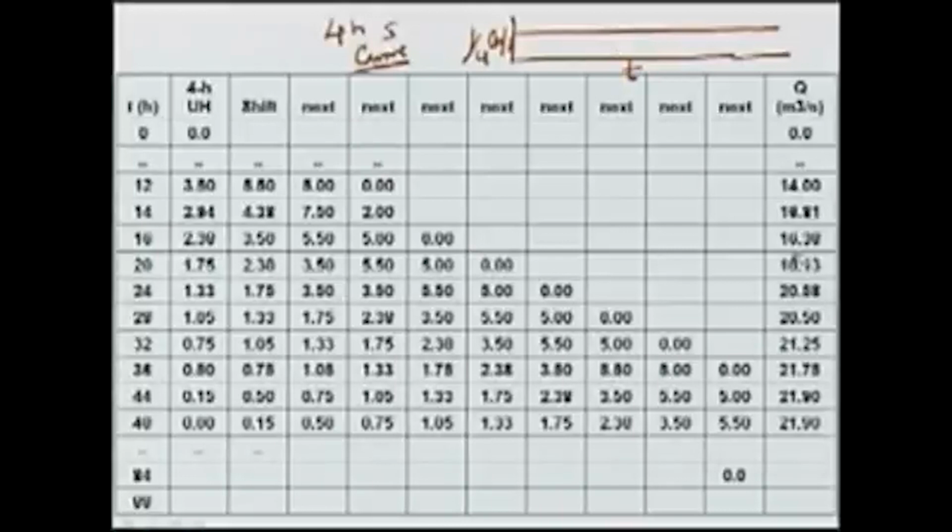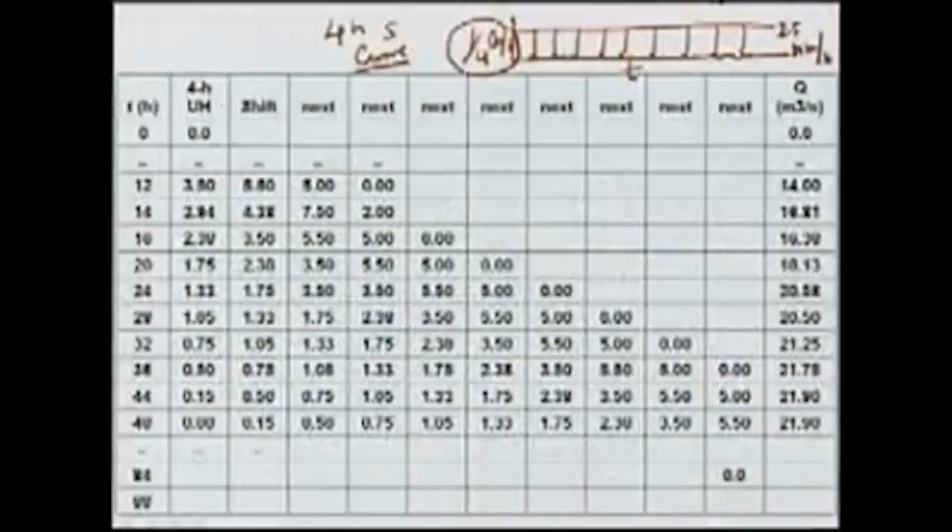So, what it means is that we have a rainfall which is continuous with intensity of 1 by 4 centimeter per hour, or in terms of millimeter 2.5 millimeter per hour. Now, we want to find out the direct runoff because of this rain, the excess rain.